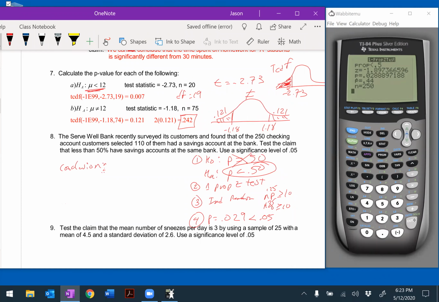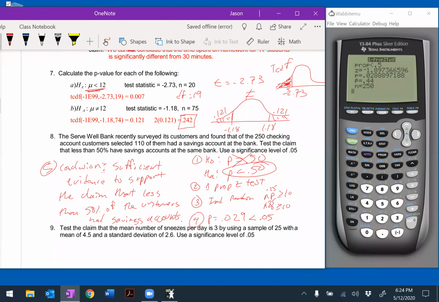Our conclusion is that there is sufficient evidence to support the claim that less than 50% of the customers had savings accounts. Okay, so that's our conclusion.